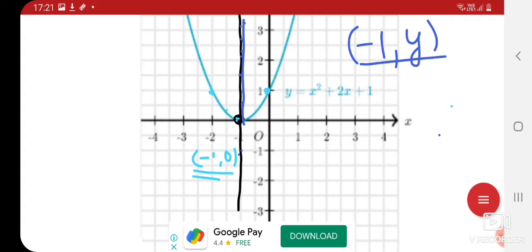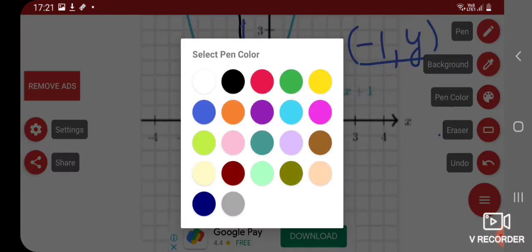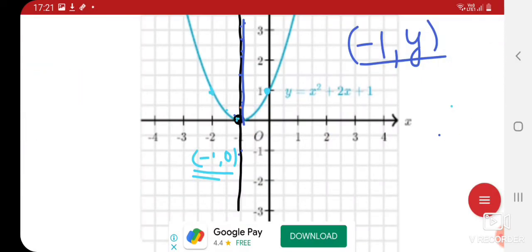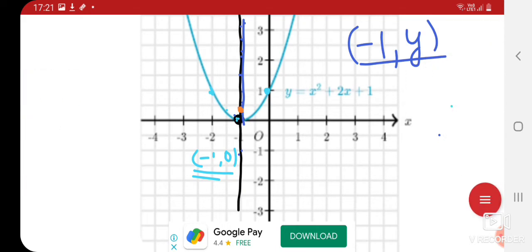Okay, let's say that point lies somewhere here. I'm just highlighting that with another pen color. That point is somewhere here. Okay, now you know that from this point, whatever our y is, let's say that y is written here as y, and this is our ordinate.